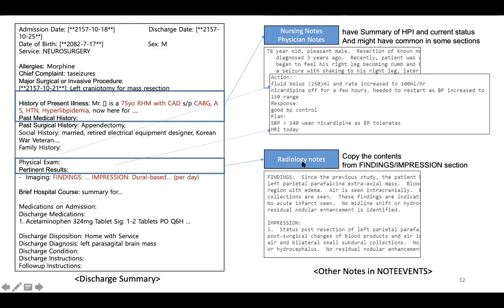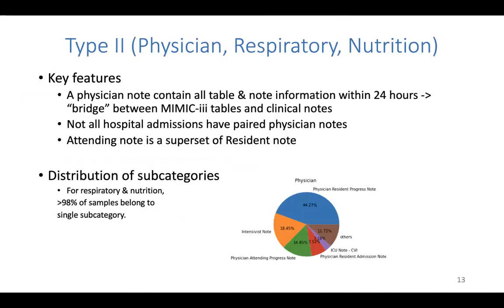Because the discharge summary just summarizes everything that happened to the patient over the course of the hospital stay, it is very natural that a lot of its information is linked to other sources of information.